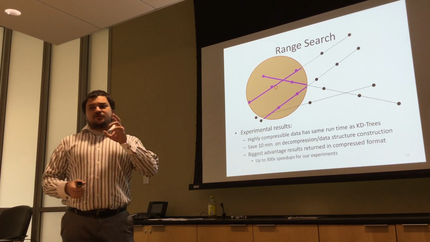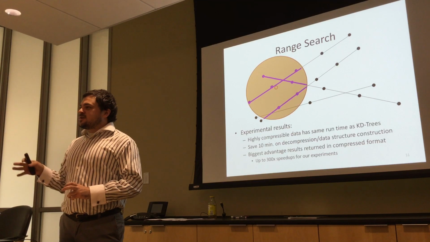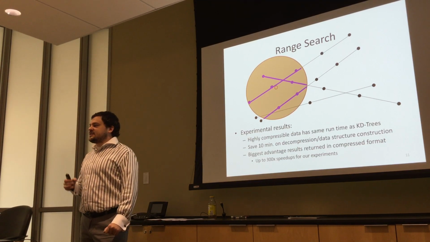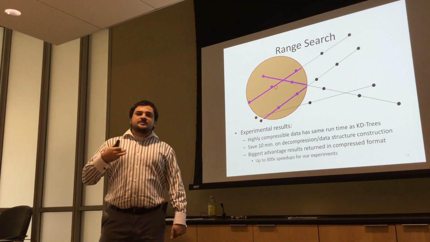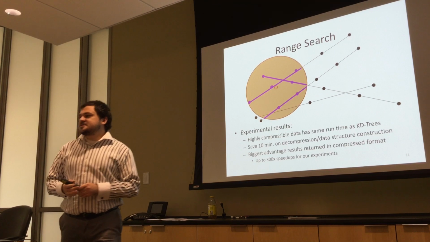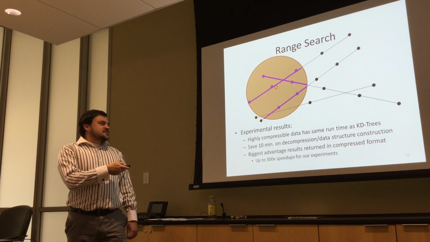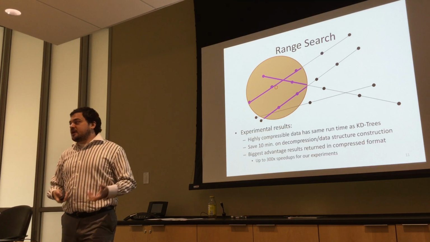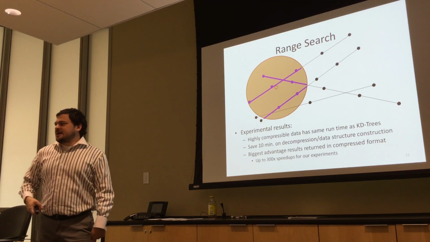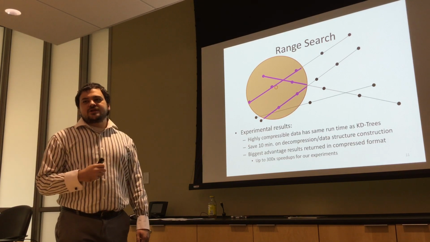I found that for highly compressible data, I saw roughly the same runtime for my compression-aware approach as for KD trees in the case that the set of return points was 0. However, even though my runtime was the same, if I assume the data was already in a compressed format, I've saved about 10 minutes of time that it took to decompress the data and then construct that KD tree data structure.